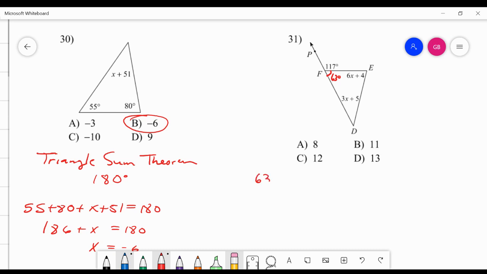So this time we have 63 plus 6x plus 4 plus 3x plus 5 is 180. Combine like terms, we have 9x plus 72 is 180. Subtract 72 from both sides, so 9x is 108. And then divide by 9 to get 12.